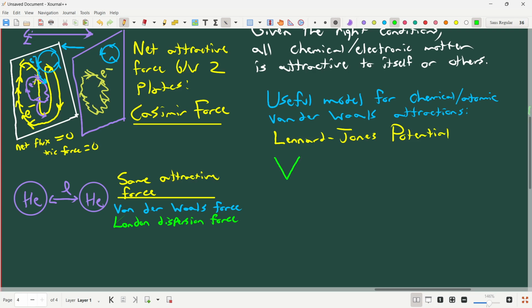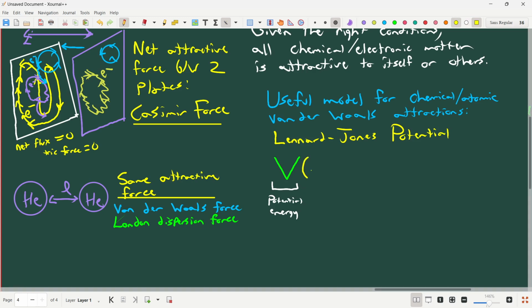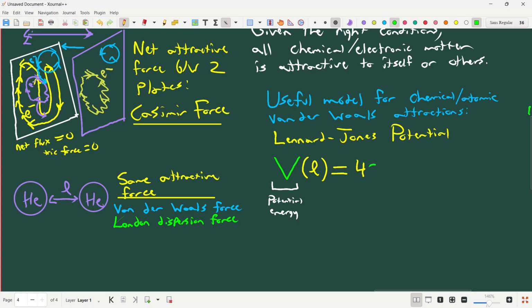This is the potential energy of the attraction. It's a function of the distance between the two atoms, L, and it's equal to 4 times this number epsilon.